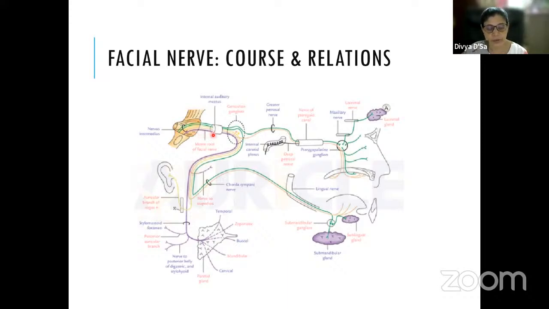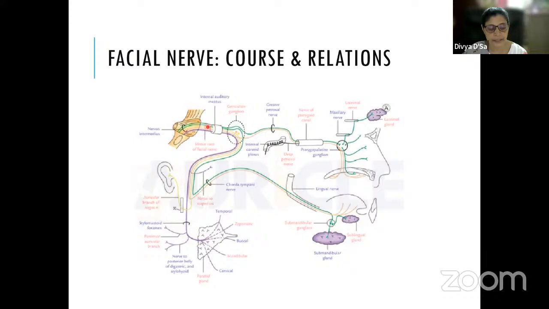They begin in the ventral aspect of the brain stem, at the pontomedullary junction, the lower part of the pons, in the groove between the pons and the olive and the inferior cerebellar peduncle. There it arises.